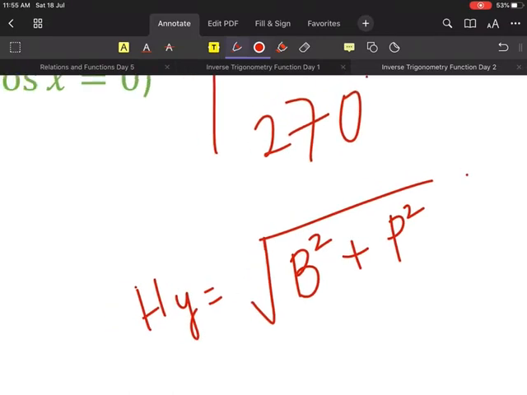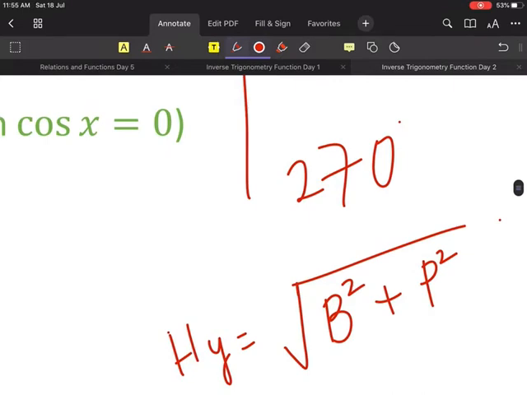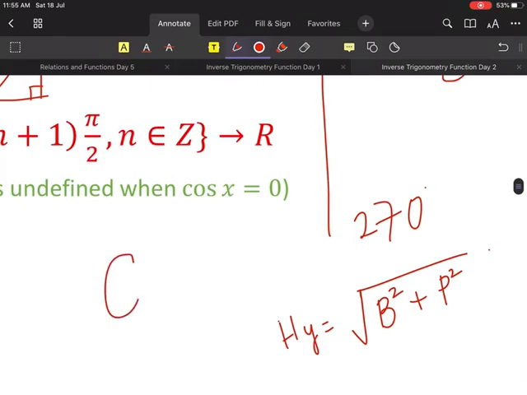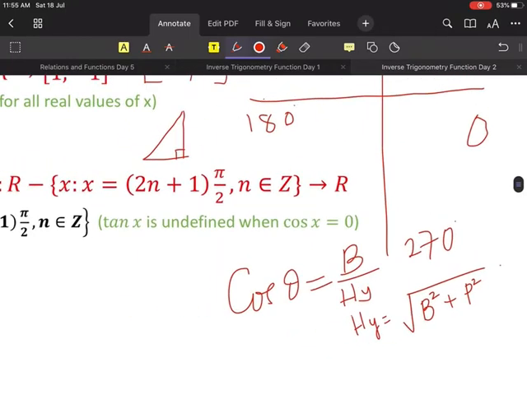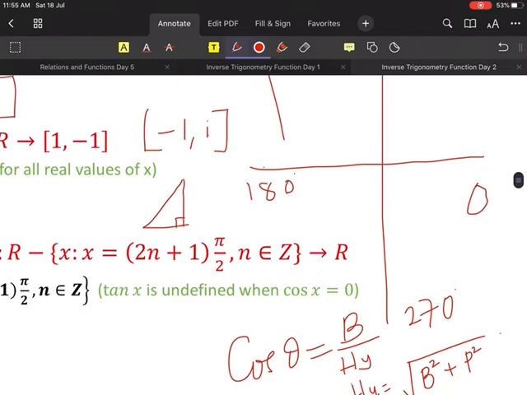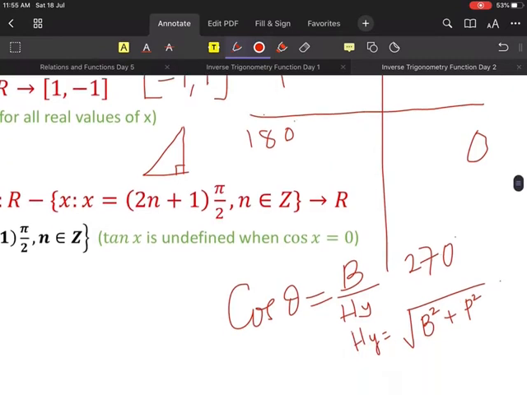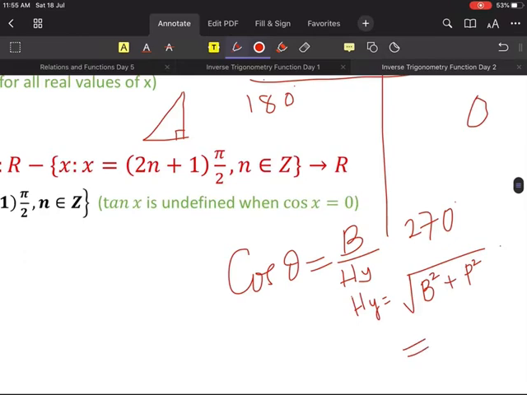This is what hypotenuse is, right? Now when I am finding cos theta, cos theta is equal to base by hypotenuse. This is the thing, right? Now for 0 degree, there is only base. Can you see any perpendicular in here? If there is only base, the hypotenuse will become what?